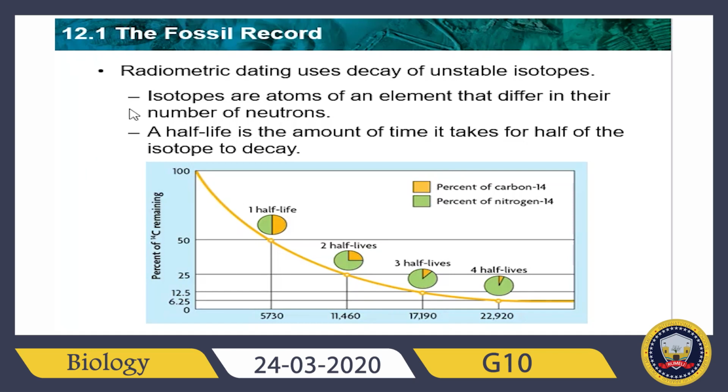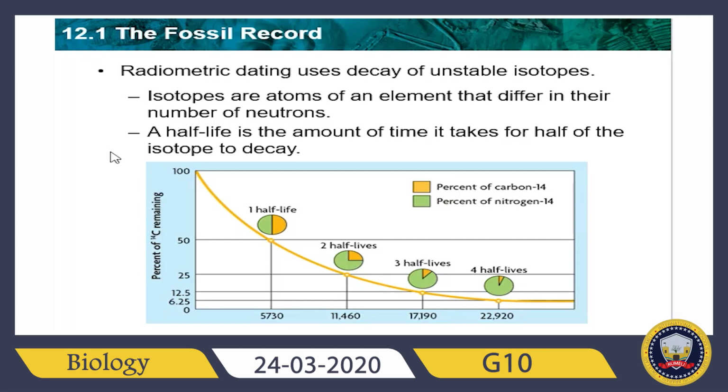So guys, we need to add here an important note that carbon-14 dating can be used to date objects only up to about 45,000 years old, but if the objects are older than that, actually carbon-14 dating will not be helpful. That's why the older objects will be dated by using an isotope that has a longer half-life, such as uranium.